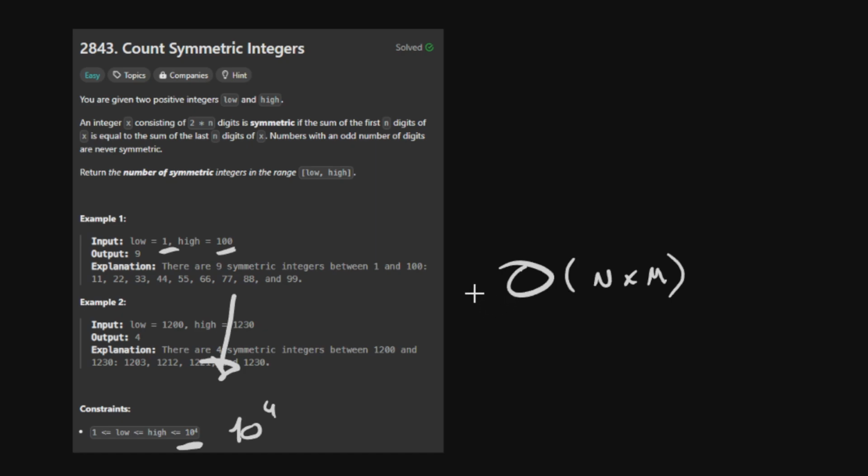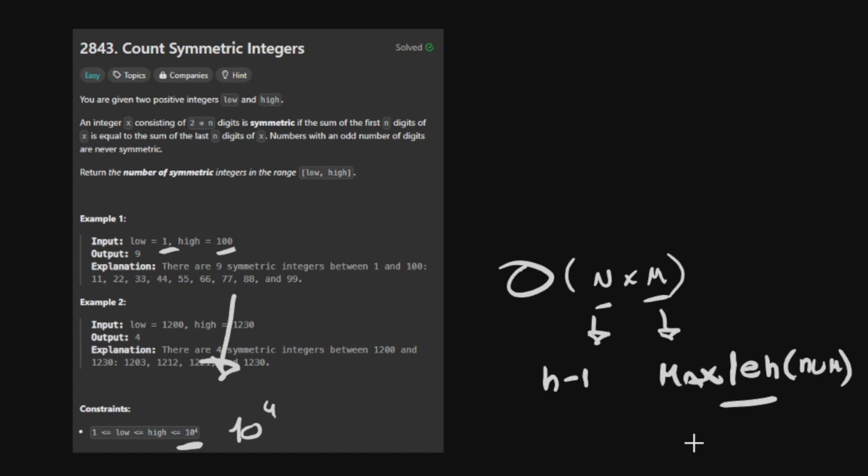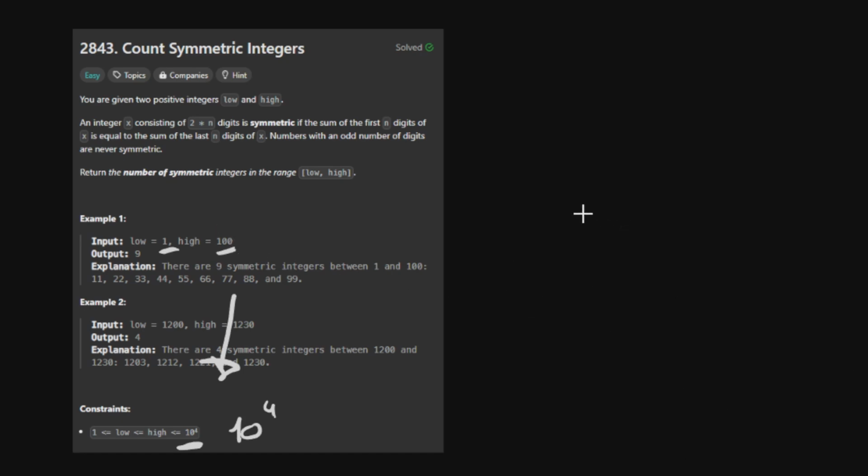So this solution will have a time complexity of big O of n times m, where n is every number we are iterating through, so high minus low, and m would be the maximum length among every number, which is the same as length of high. The number with the maximum length will be high. And finally, space complexity for this one will be big O of 1.